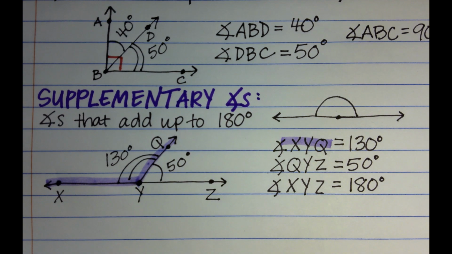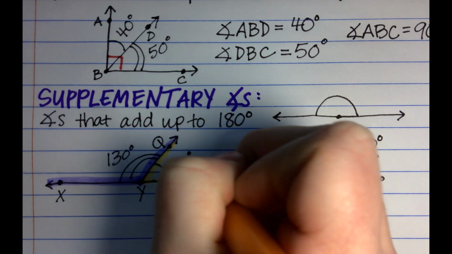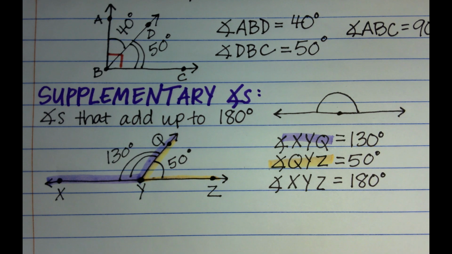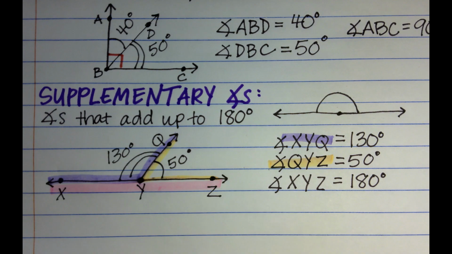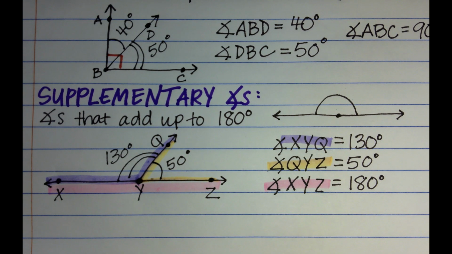This is optional. You don't have to color code it. I just like to. My QYZ, 50. And then XYZ, 180. There we go.